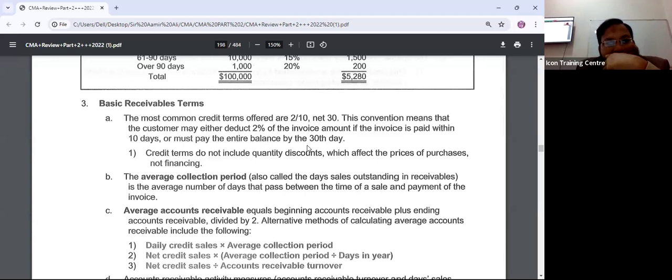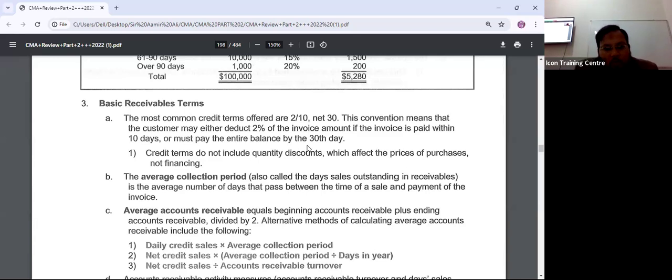Now, this convention means that the customer may either deduct 2% of the invoice amount if the payment is paid within 10 days. Now, if they pay within 10 days, they will avail 2% discount. Or if they do not avail the discount, they have to pay the total amount on 30th day, right?